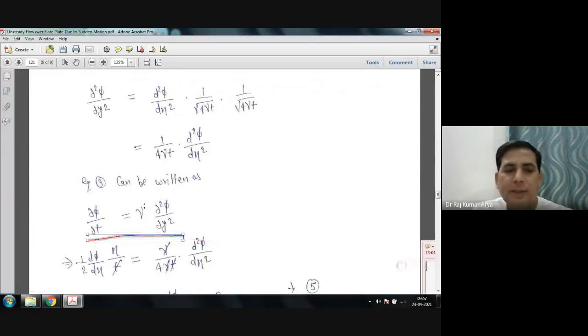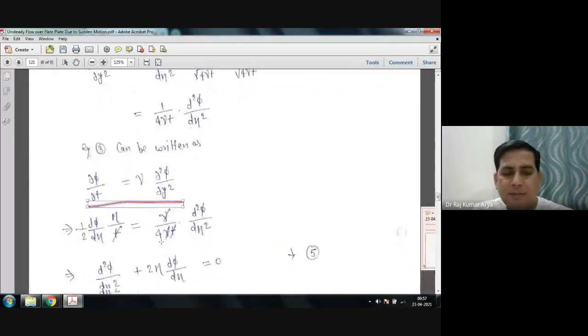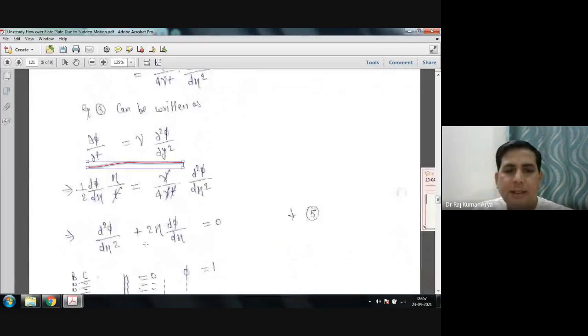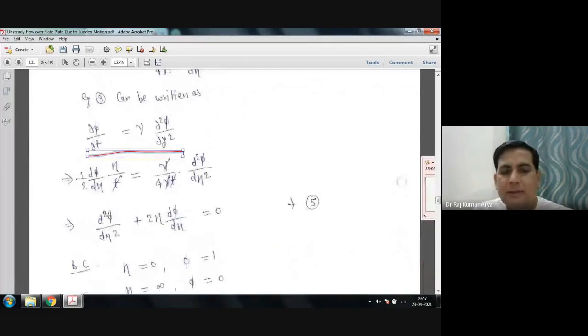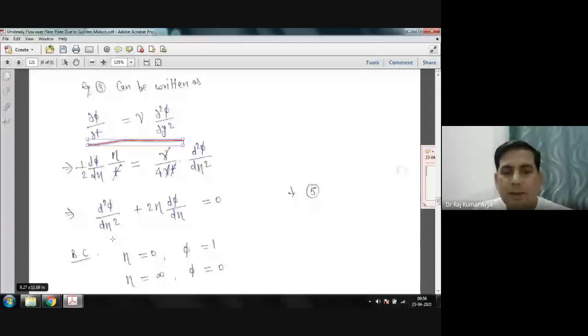So substitute all these here and rearrange it, and you end up with d square phi upon d eta square plus 2 eta into d phi upon d eta equal to 0. So this is now a second order ordinary differential equation, which you can solve, I hope, with some comfort as compared to the PDE, right?